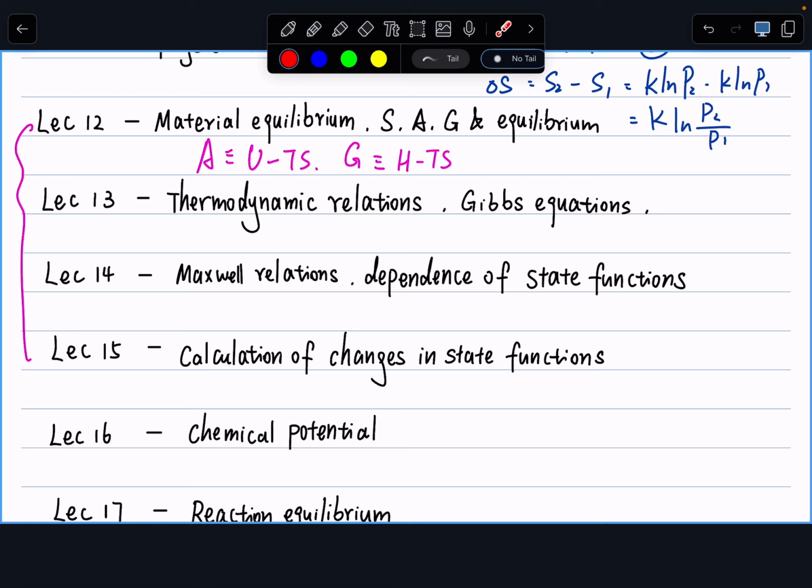Right, and prior to equilibrium, you have dS larger than 0. And for Gibbs free energy and Helmholtz energy, it's the same idea.